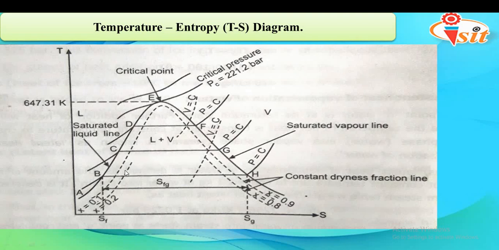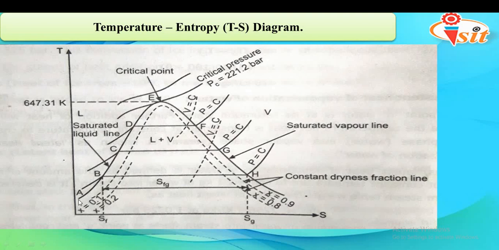The region below this bell-shaped curve is called the wet region. We have seen the latent heat which is added at several phases while studying the formation of steam. The point which differentiates the saturated liquid line and the saturated vapor line is called the critical point.